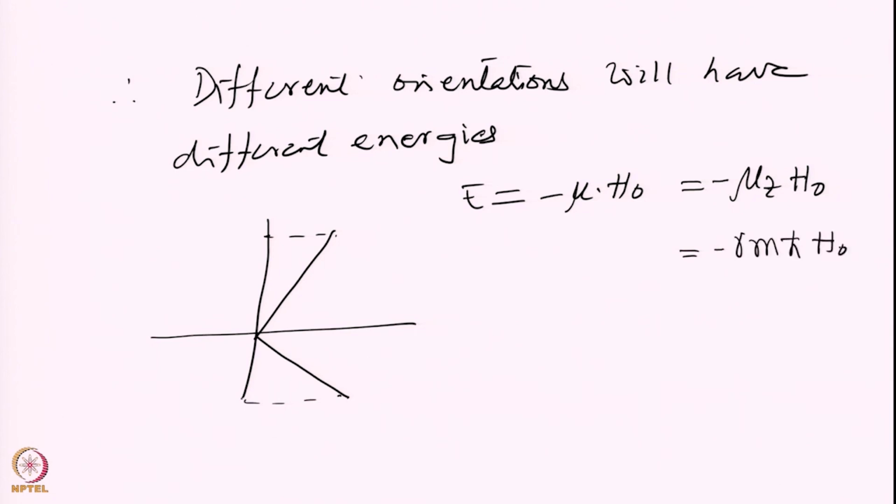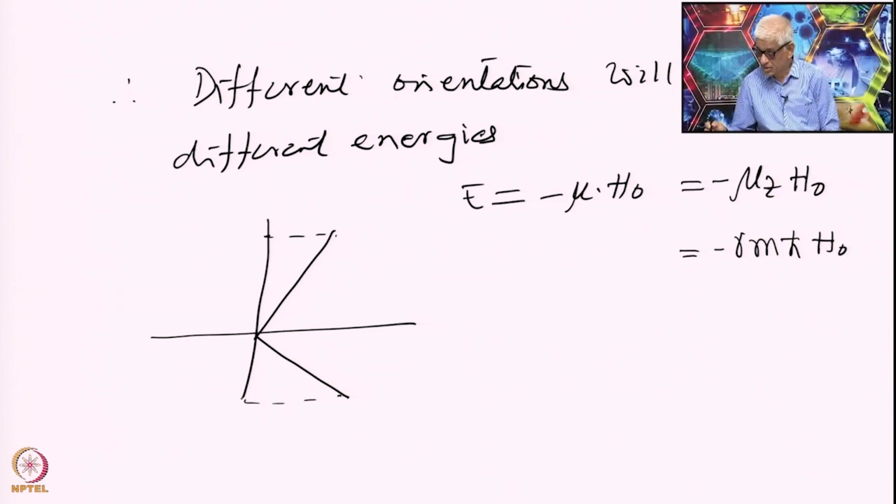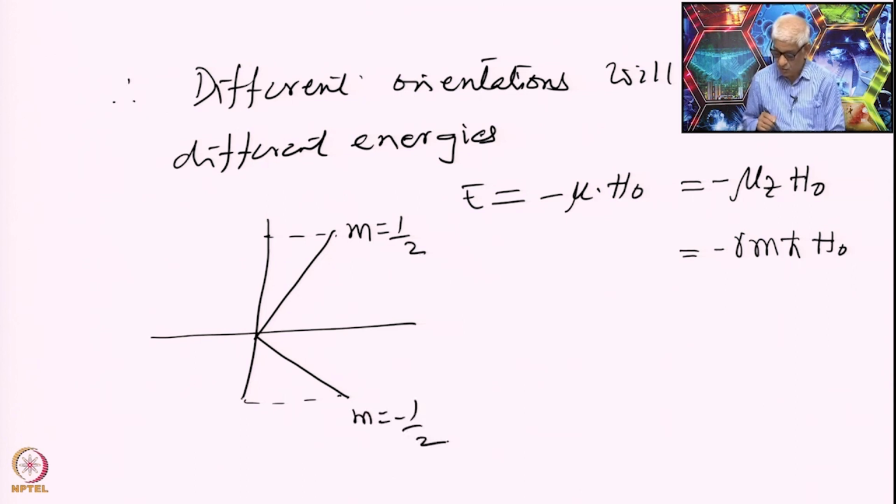Depending upon the value of m, the energy value is different. Here I have m equal to half and m equal to minus half. For m equal to plus half, the energy value is negative, and for m equal to minus half, the energy value is positive, provided H naught is along the z axis.